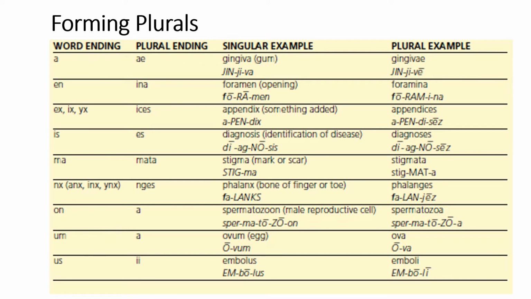If the word ends with the letter A, the plural ending should be A and E combined, pronounced as E or A, as in gingiva. Next, when the word ending is EN, the plural ending should be INA instead.